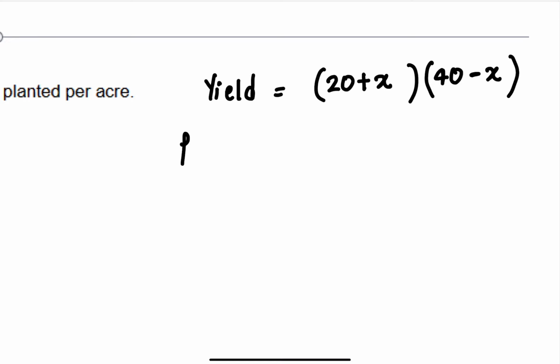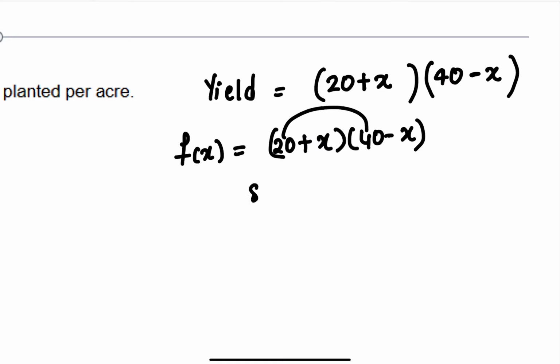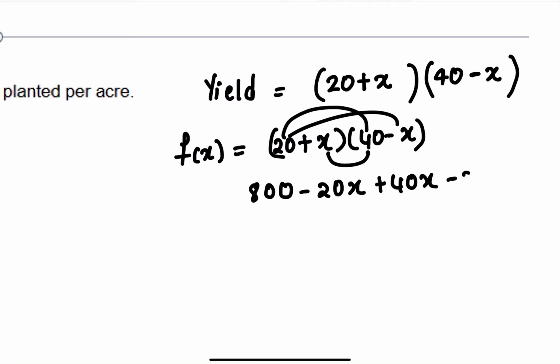So my function f of x is (20 plus x) times (40 minus x). Go ahead and multiply. This is going to be 800 minus 20x plus 40x minus x squared. So this is going to be 800 plus 20x minus x squared.